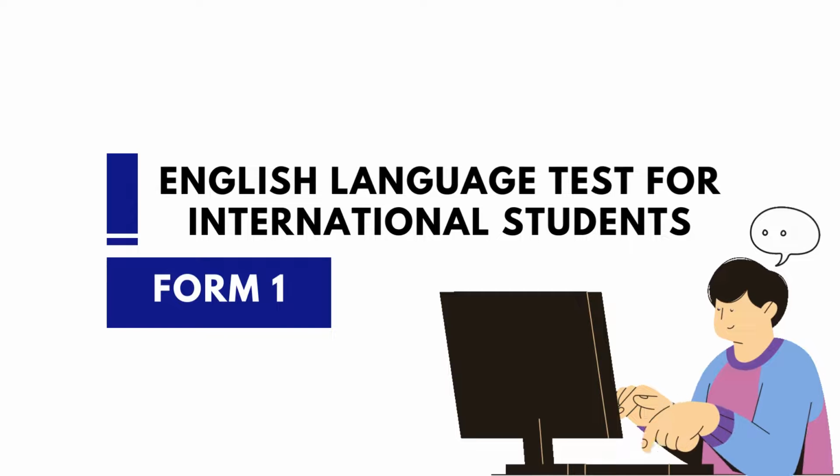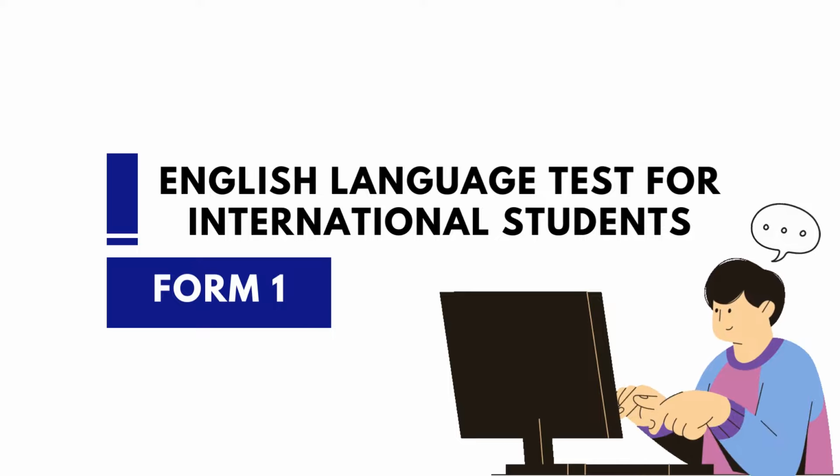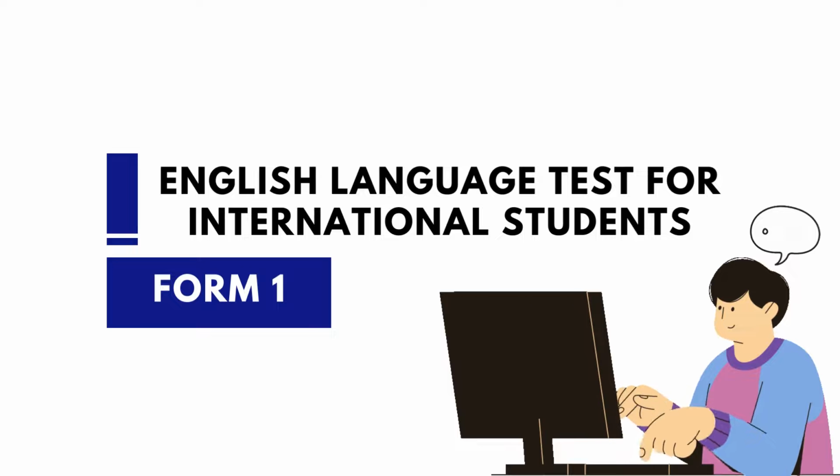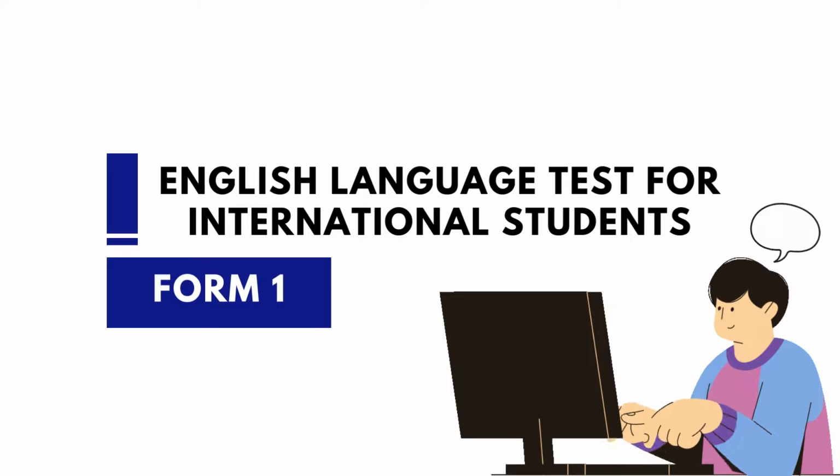Number 19. What are the two types of igneous rock? A. Extrusive and intrusive. B. Marble and sandstone. C. Sedimentary and metamorphic.